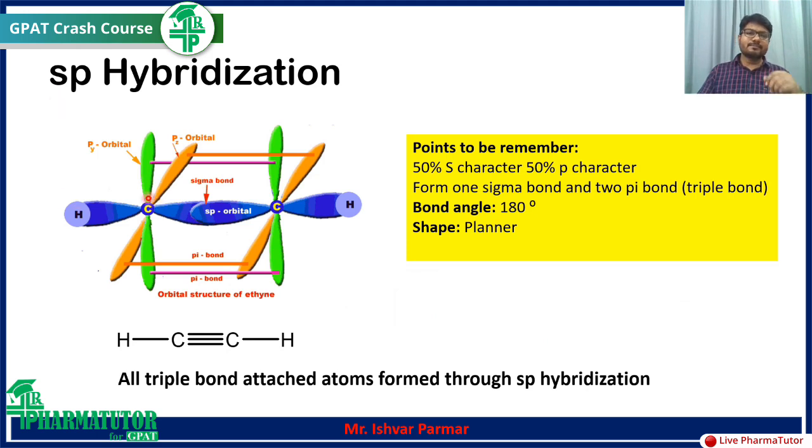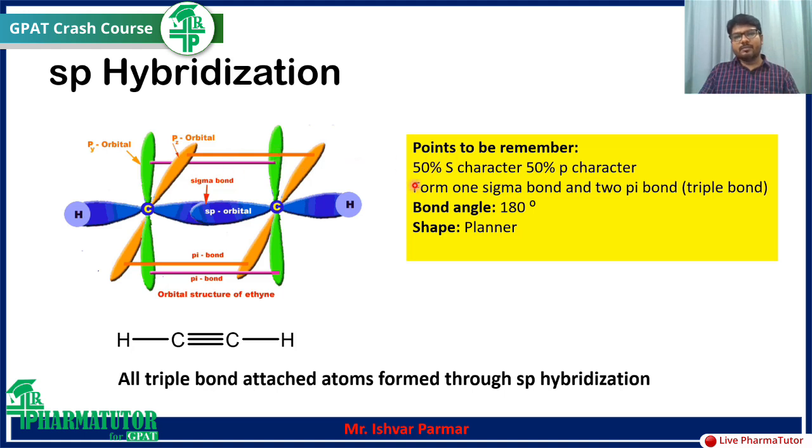You can see here end-to-end overlapping of sp orbitals forms a sigma bond, pz overlapping forms one pi bond, and py overlapping forms another pi bond. So it forms one sigma bond and two pi bonds, so it forms a triple bond.